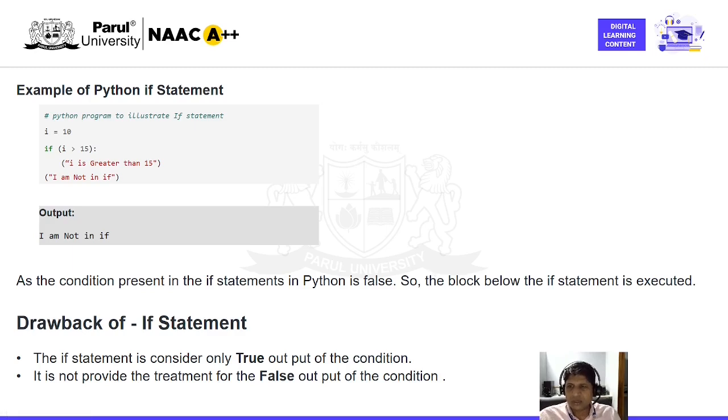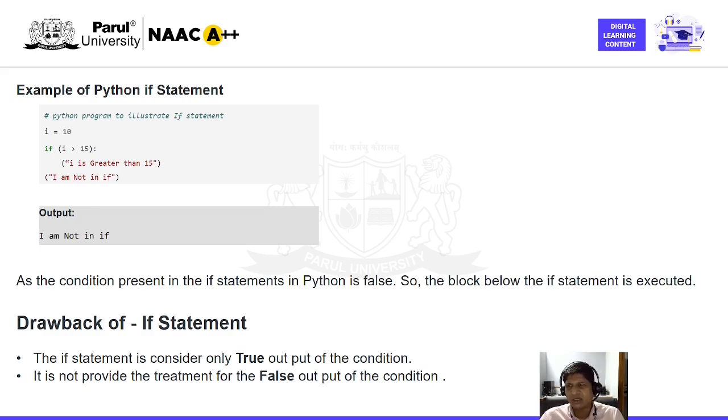Now, the drawback of the if statement. The if statement considers only the true output. It does not provide any treatment for the false output. Any given condition has two outputs, one is true and another is false.